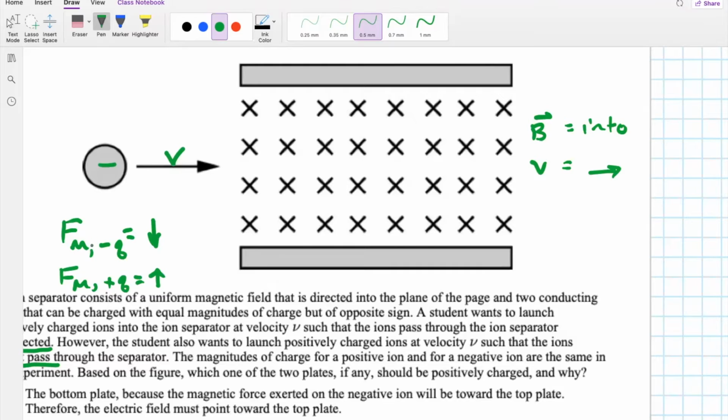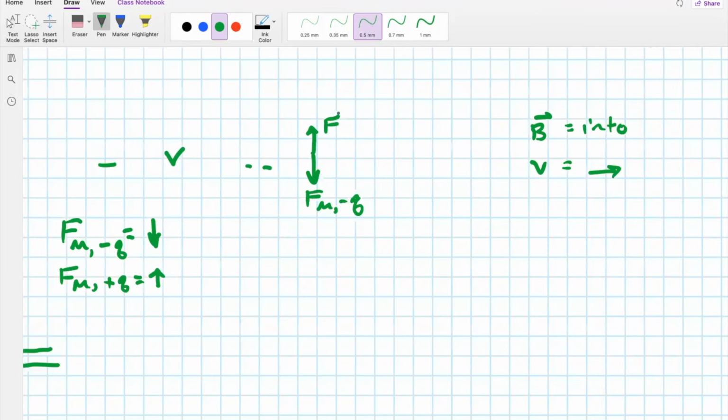Now let's go ahead and see how we would get the negative charge through this combination of plates and magnetic field. Well, for a negative charge to pass through undeflected, the downward magnetic force on the negative charge is going to have to be balanced by the electric force pointing up.